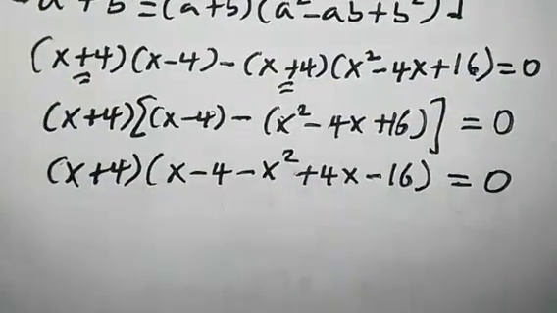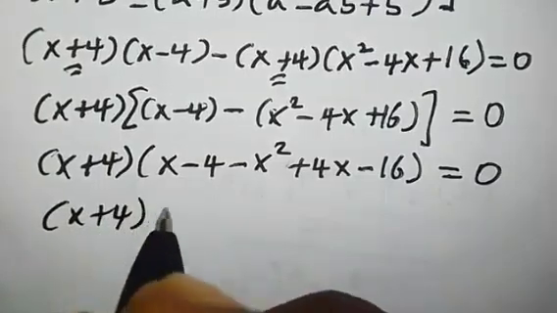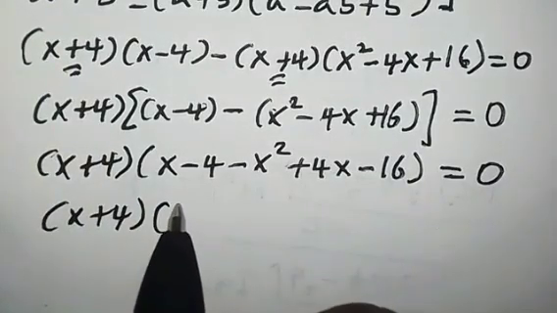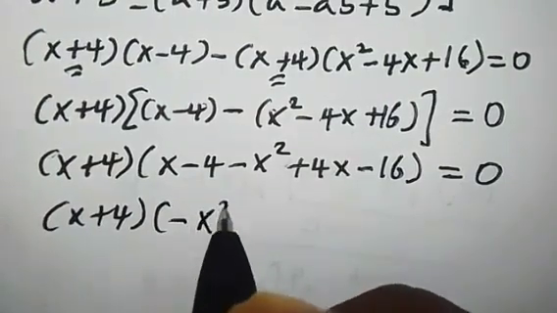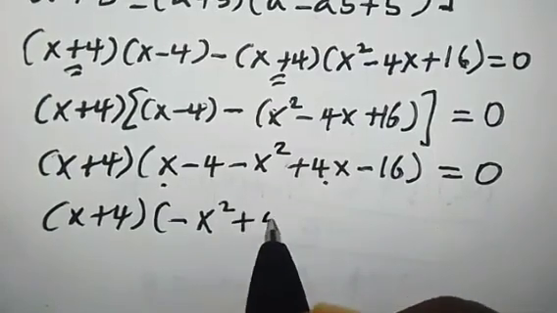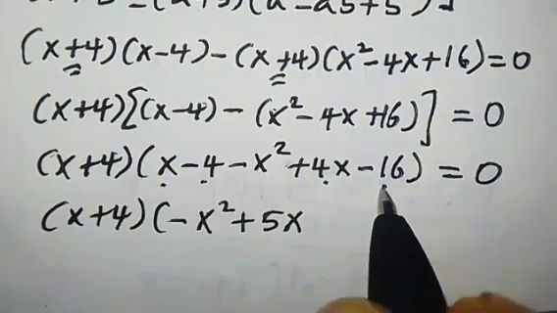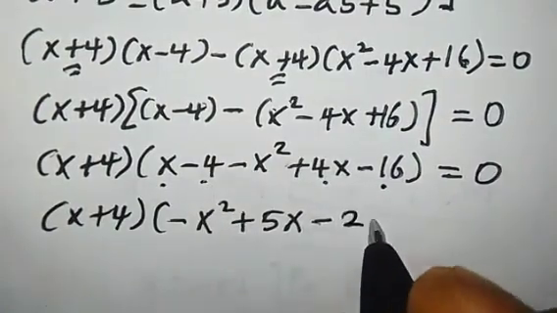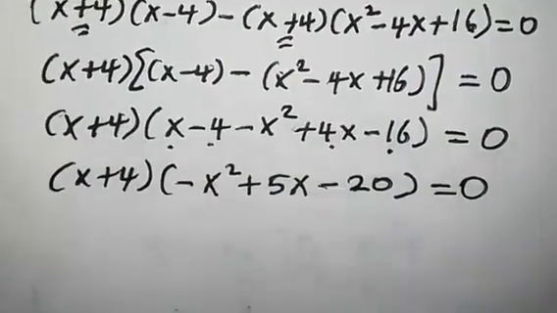Let's continue. x plus 4 times. Now, let's add the terms that are common. First, let us write this minus x squared. So add x plus 4x, that is 5x, minus 4 minus 16, that is minus 20, equal to 0. Let's proceed further.